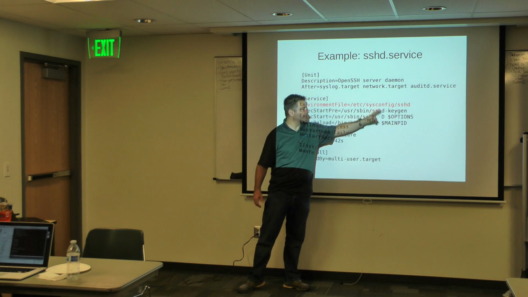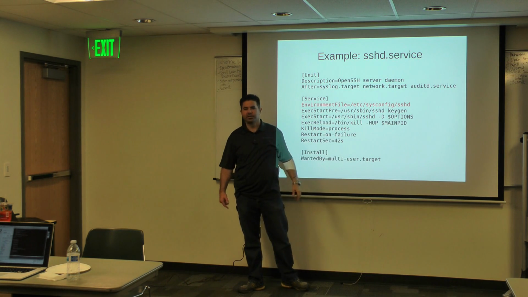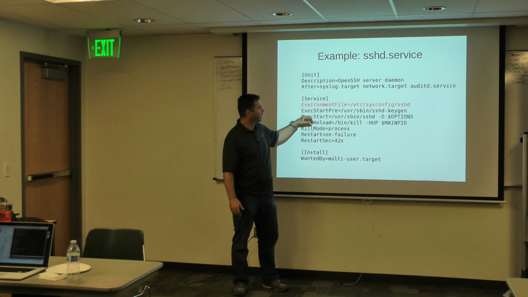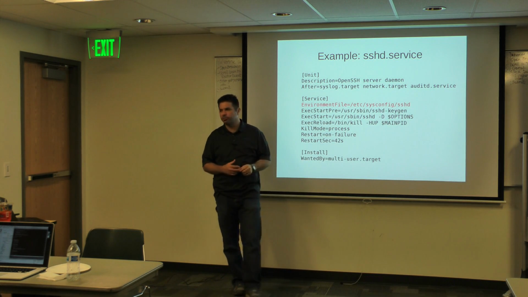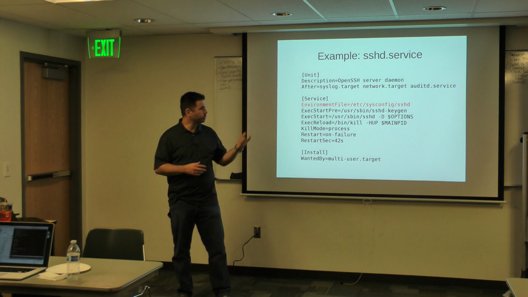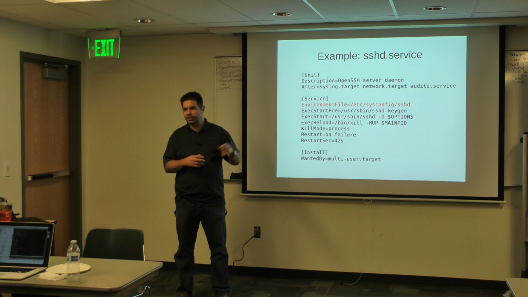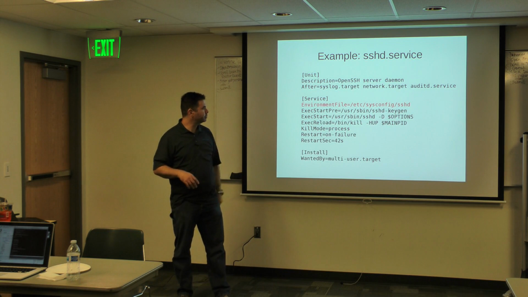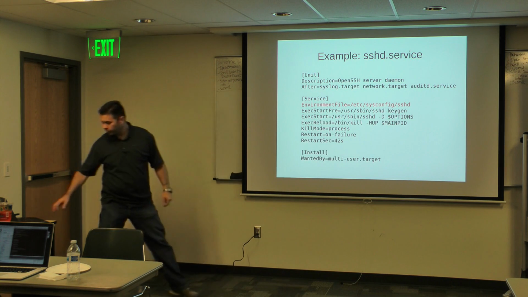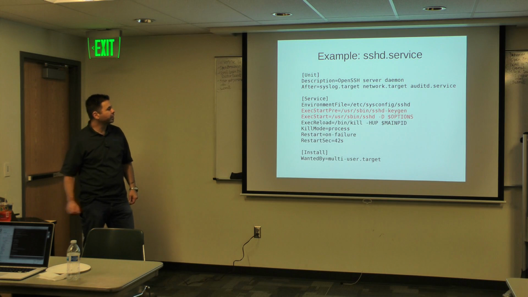Like MAINPID doesn't come out of your sysconfig file. It comes out of systemd. But OPTIONS does come out of it, so if you want to override the options for SSHD, you would just edit your sysconfig sshd file and create an OPTIONS variable, and then it gets pulled in.